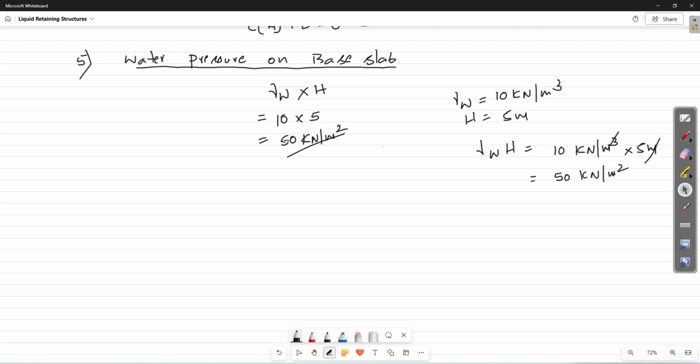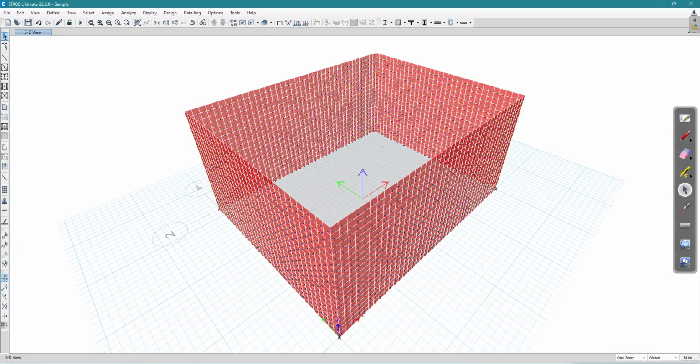Okay. So how to assign this on the base slab by using ETABS software? It is very simple. It can be assigned as uniform shell load assignment. You go to ETABS. Select your base slab.